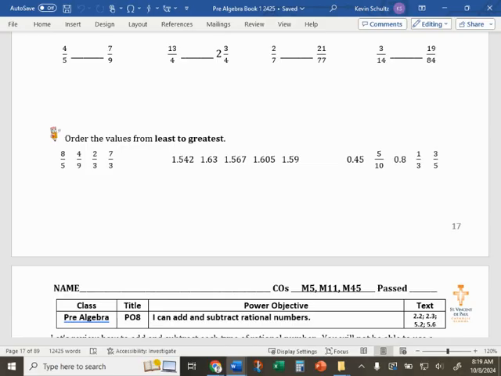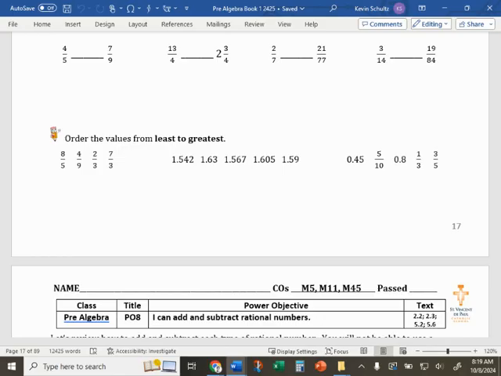You can use that here. It doesn't matter if you put them all in decimal form or all in fraction form, whichever you want to work with, but those mixed forms there, put them all in the same form, and then you can order them from least to greatest from that. So, questions, comments, concerns, complaints, compliments, congratulations, criticisms on this?